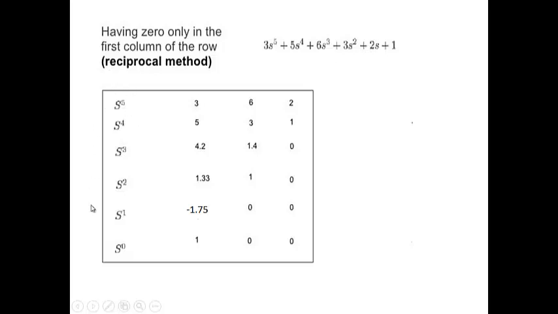So macam biasa, teknik biasa, you susun ikut daripada highest order to lowest order. So fulfill all the coefficient term yang ada, 3, 5, 6, 3, 2, 1. So from here, kita direct kalau macam ini, maknanya 3 kali 3 tolak 5 kali 6 bahagi 5. So you akan dapat dekat sini 4.2.